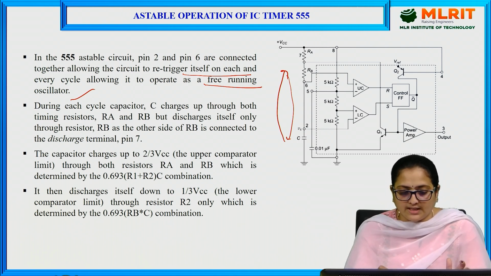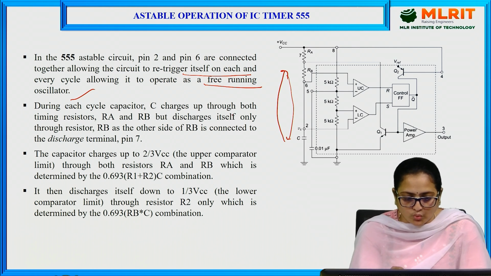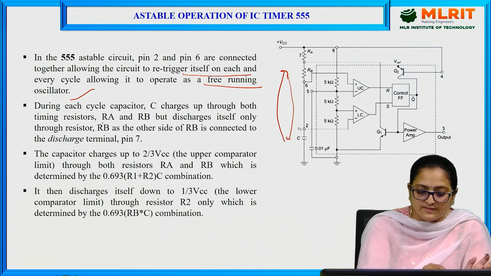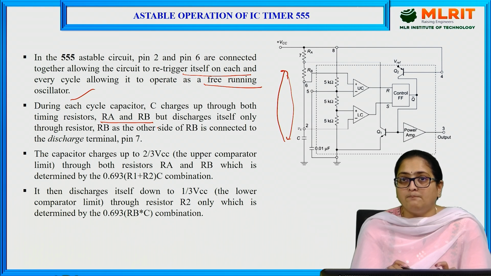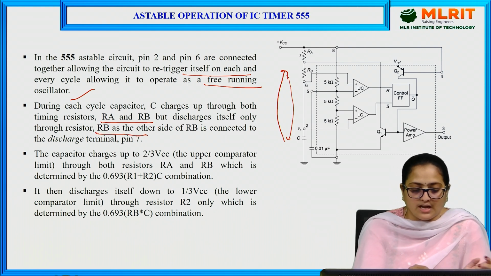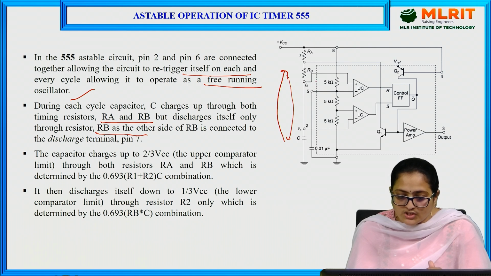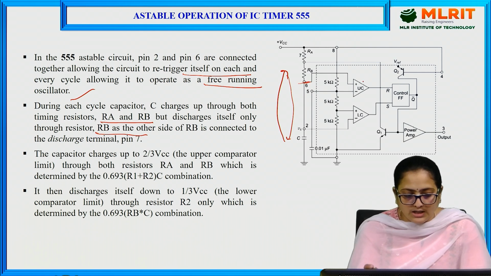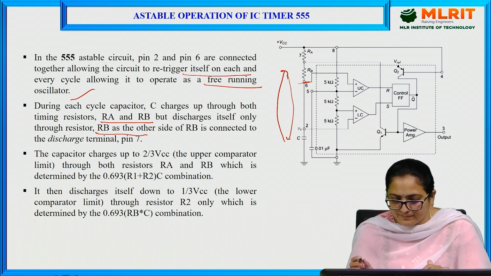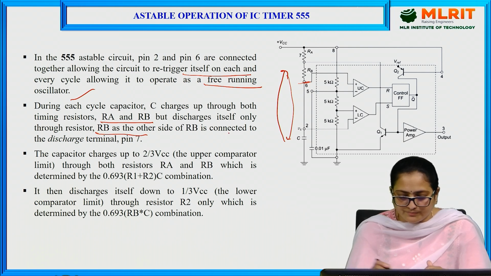During each cycle, the capacitor C charges up through both the timing resistors RA and RB, but discharges itself through resistor RB, as the other side of RB is connected to the discharging terminal, pin 7.